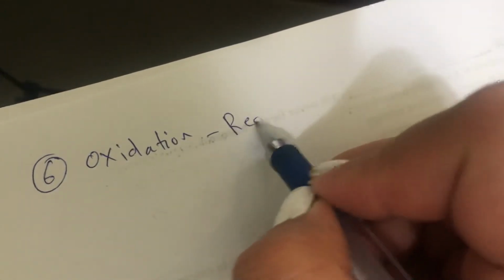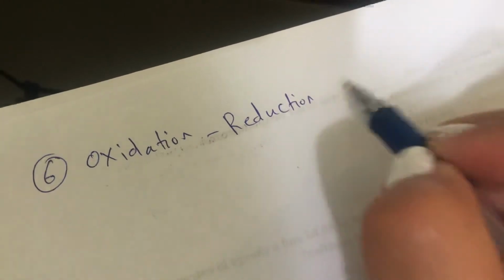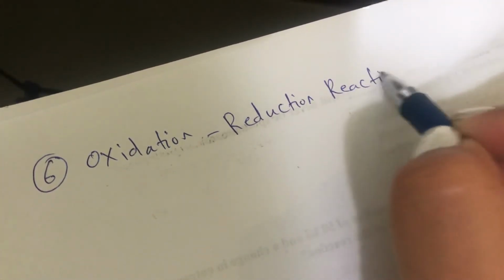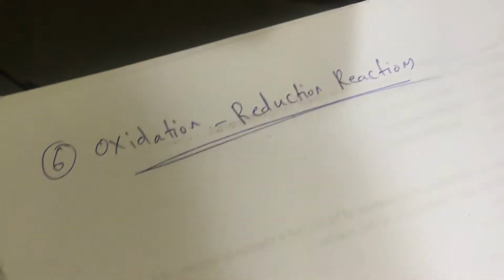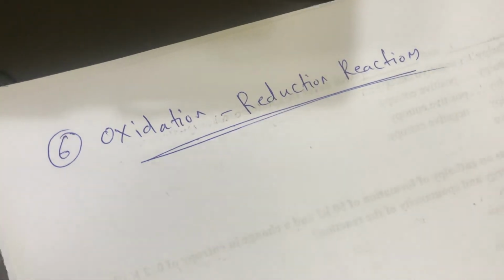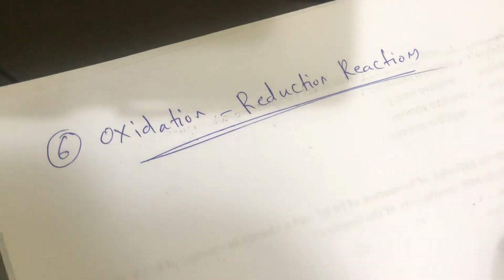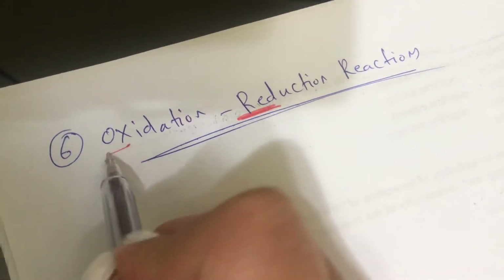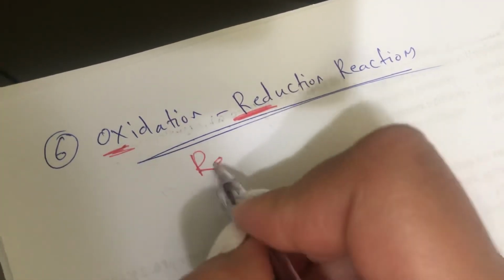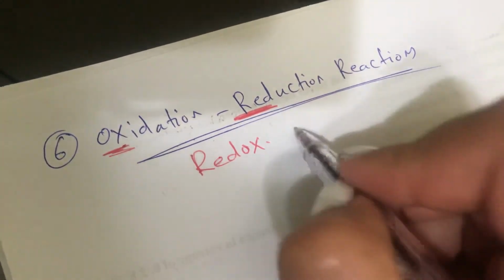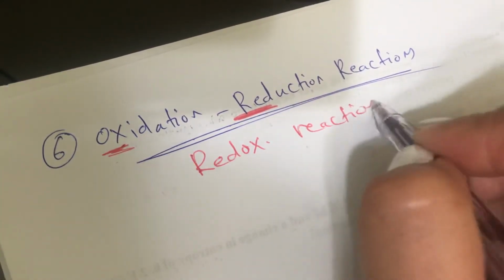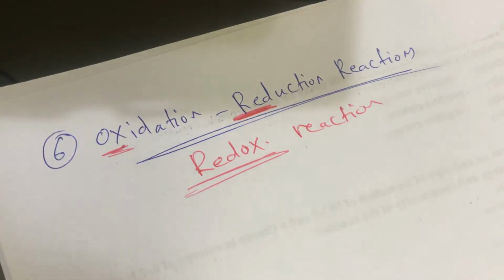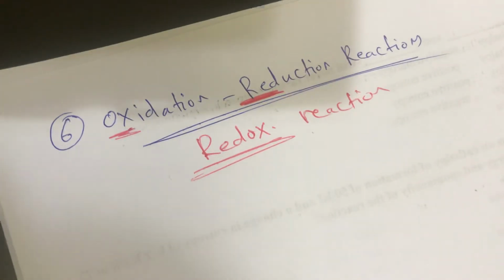So now the last type of chemical reactions: oxidation reduction reactions. Here reduction and here oxidation, so it's called the redox reaction. So what about oxidation? What about reduction?